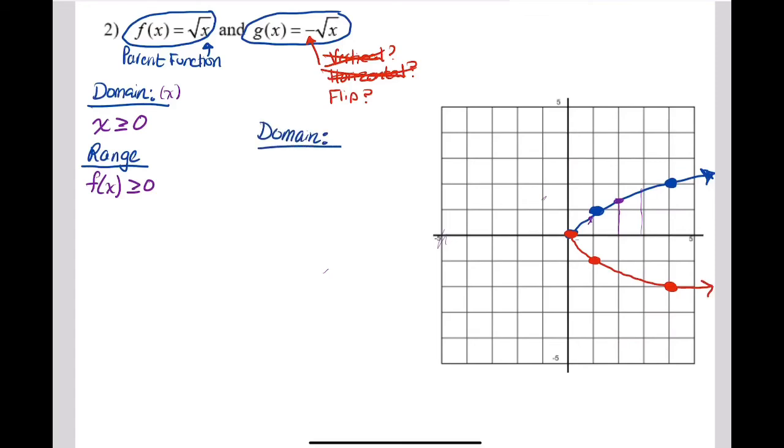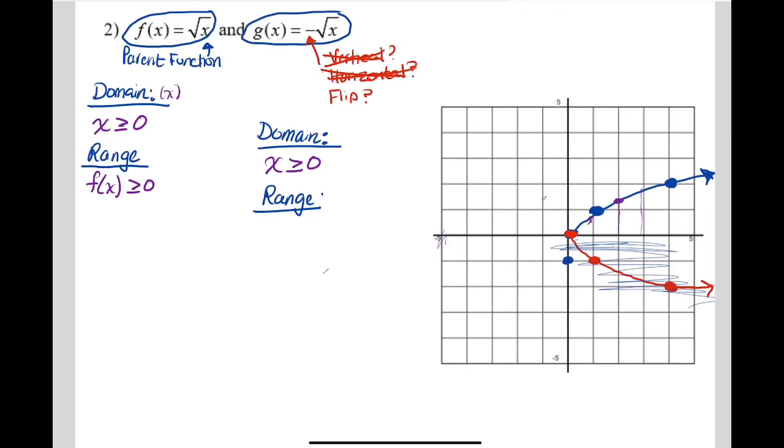Let's talk about the domain of the reflection of that function. The reflection of that function does not change the domain in any way. So the domain is still going to be x greater than or equal to 0. The range, however, does change. Now notice, we can cover these negative values.